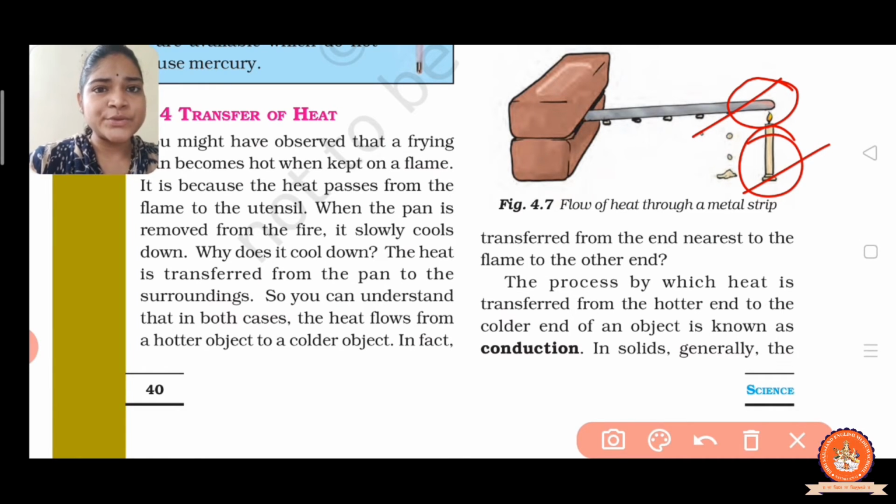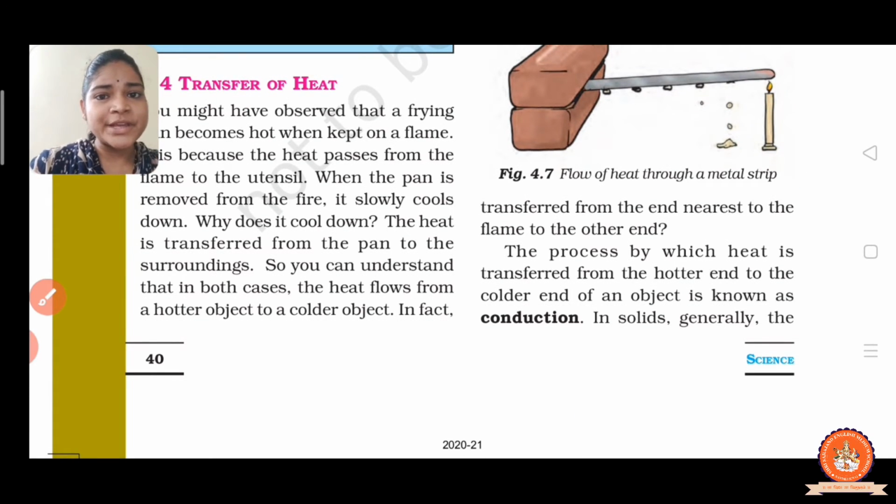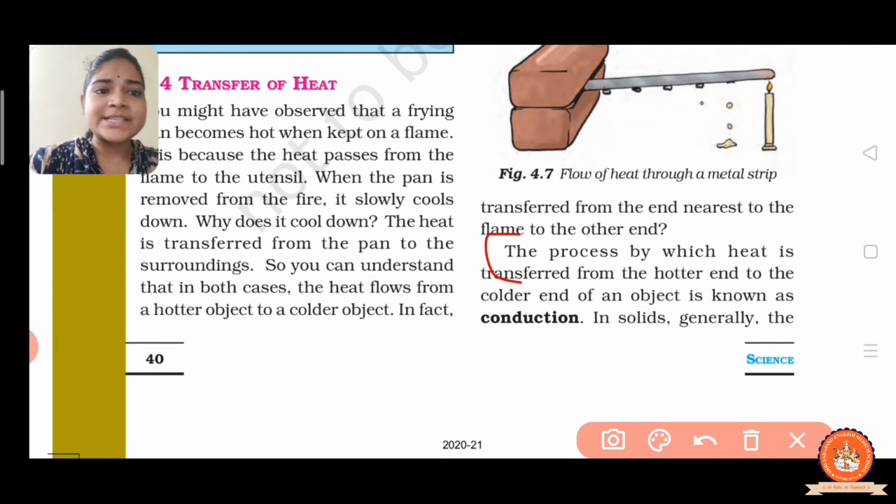So heat transfers from one object to another, and both objects are in direct contact. Right? Another definition of conduction: the process by which heat is transferred from the hotter end to the colder end of an object is known as conduction. Again I repeat, the process by which heat is transferred from the hotter end to the colder end is known as conduction.